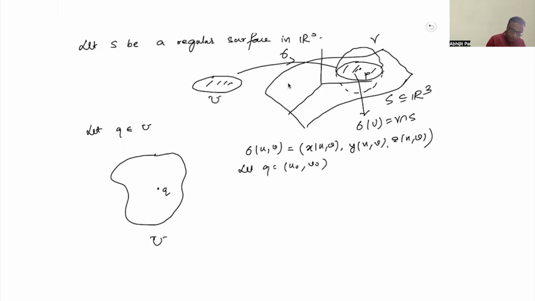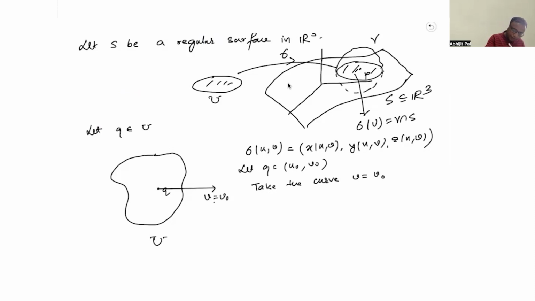Now if I take the curve v equal to v naught, so the v coordinate is constant, then I'll get a straight line which is parallel to the x-axis, and it starts from this point Q. So this is the straight line v equal to v naught.